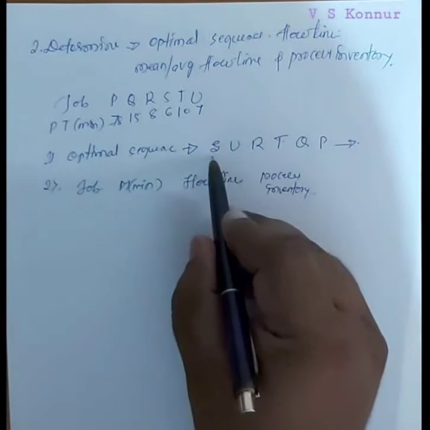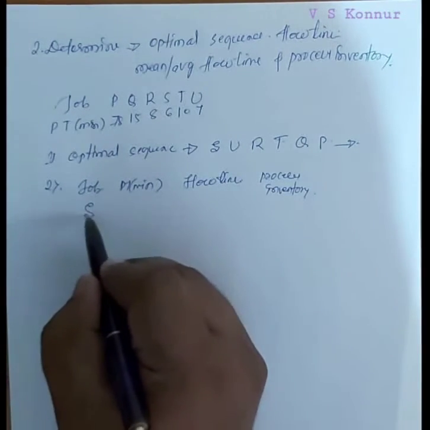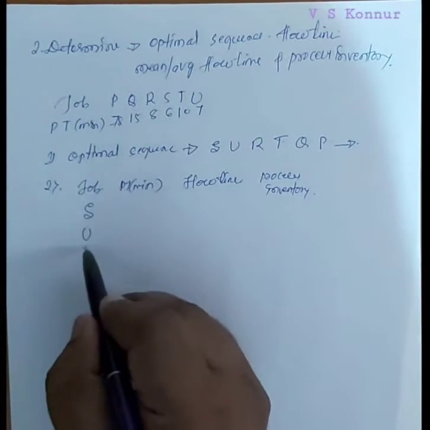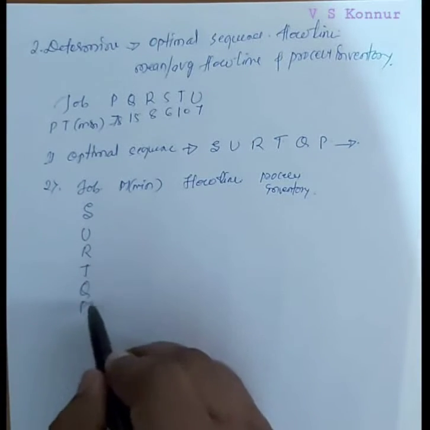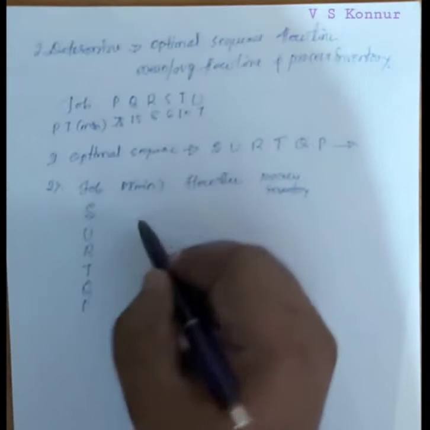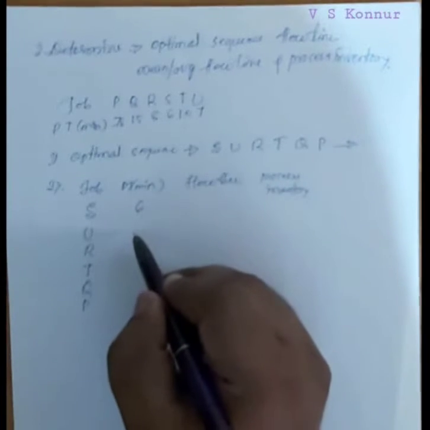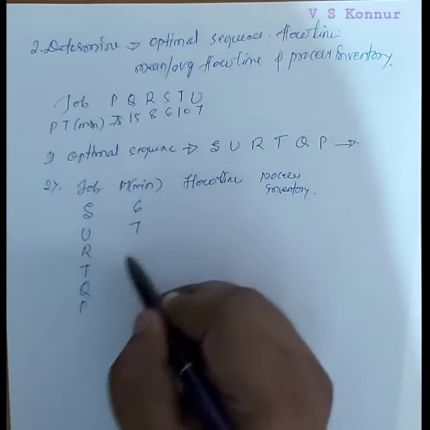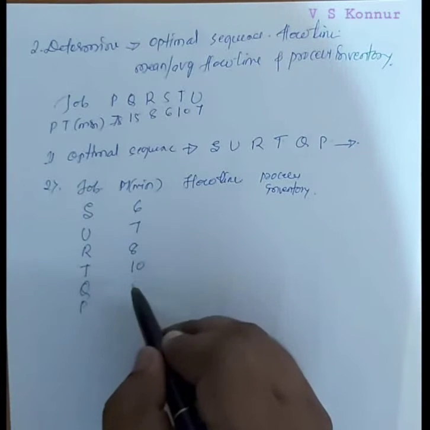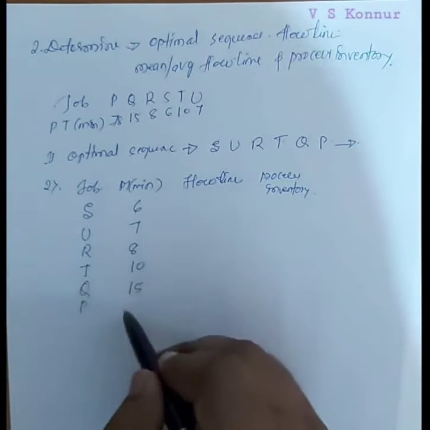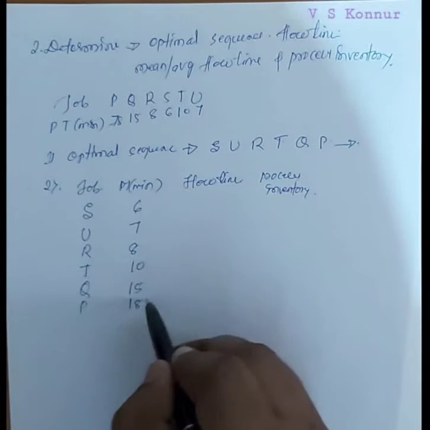The jobs are written depending upon the optimal sequence: S, U, R, T, Q, P. S has 6, U has 7, R has 8, T has 10, Q has 15, P has 18.